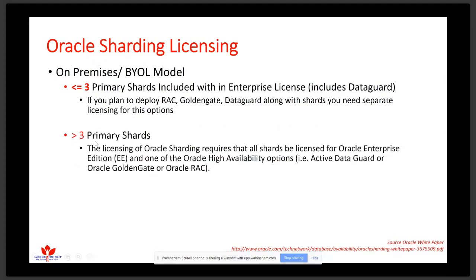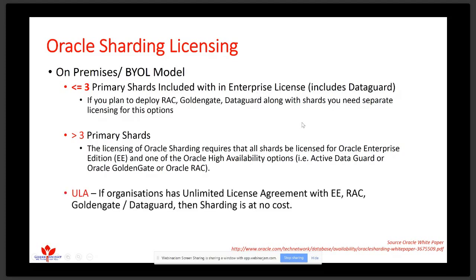But if you want to create more than 3 primary shards, you must license along with one of the Data Guard or high availability options. So generally, if you want to test or implement with 3 or fewer primary shards and you already have an enterprise license which includes the Data Guard option, you don't need to pay for that.